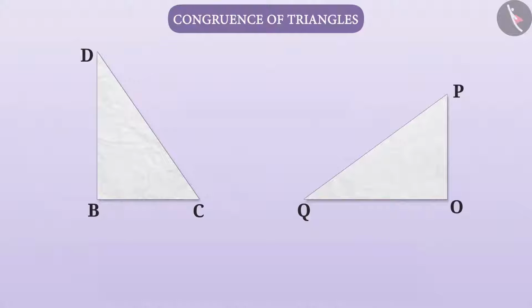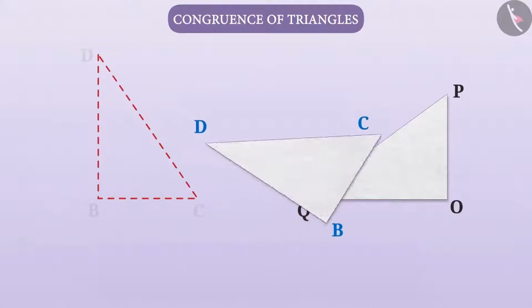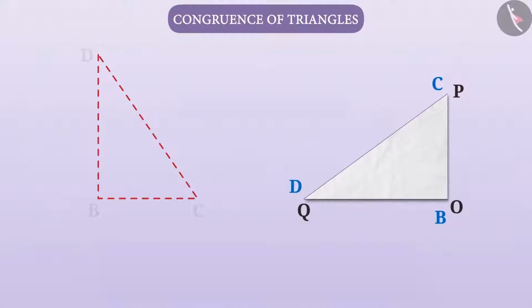But here, it is possible only when we place vertex B on O, vertex C on vertex P, and vertex D on vertex Q. Only when doing so, triangle BCD completely covers triangle OPQ. And it is clear that triangle BCD and triangle OPQ are congruent.